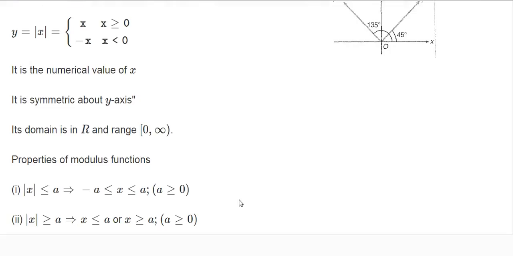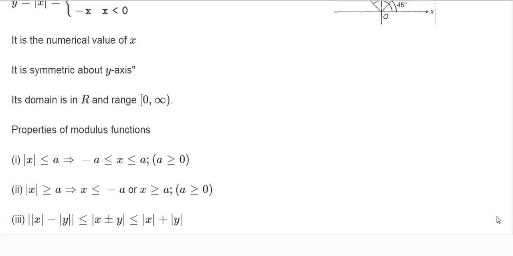Similarly, if modulus of x is greater than or equal to a, then x would either be less than or equal to minus a, or greater than or equal to a, but it would not be between minus a and a.